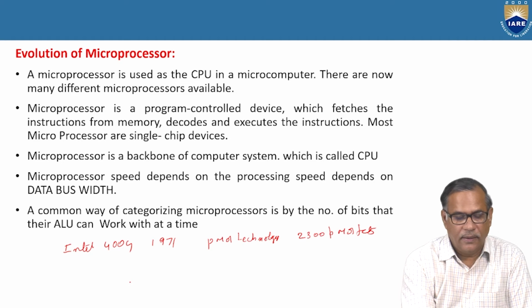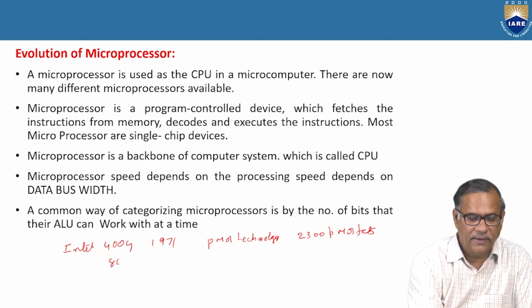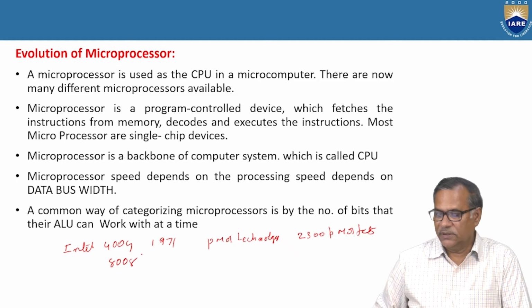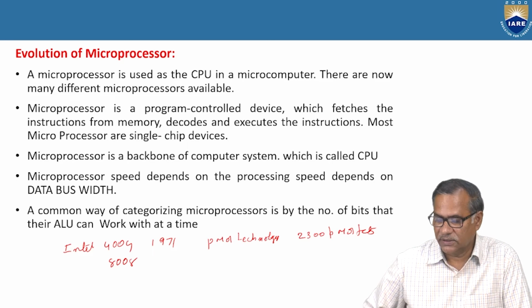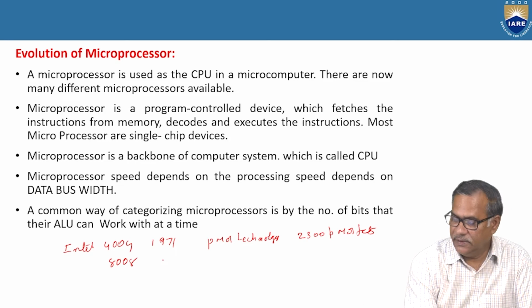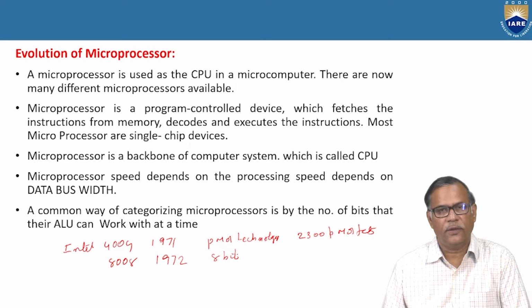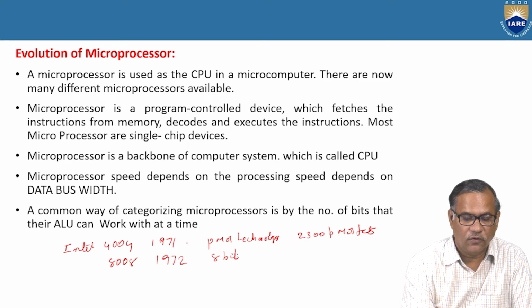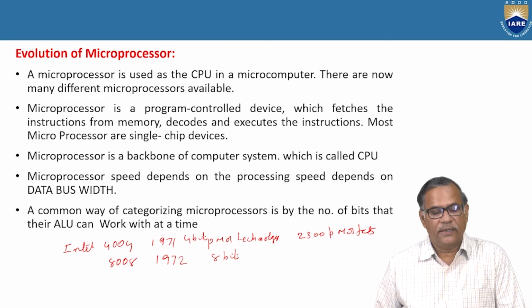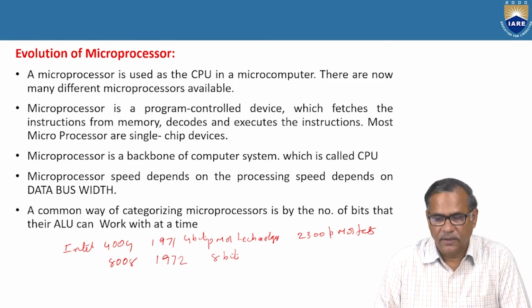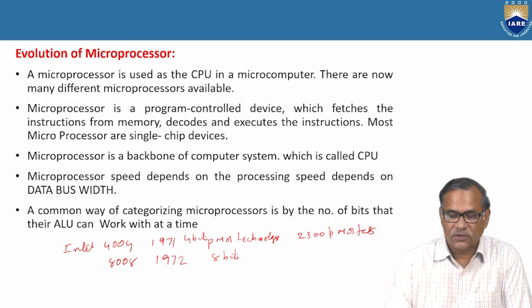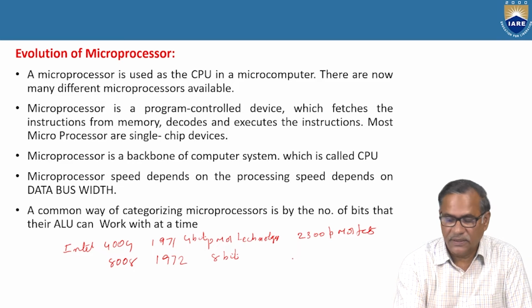Subsequently, Intel made the 8008 microprocessor in 1972, and this was an 8-bit microprocessor. 4004 was 4-bit, and 8008 is 8-bit.